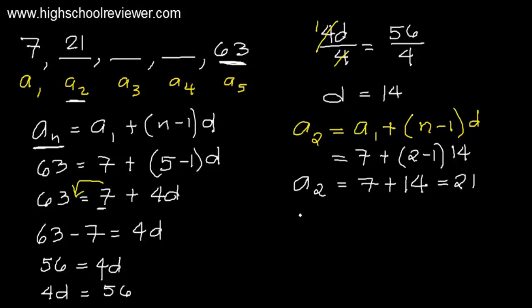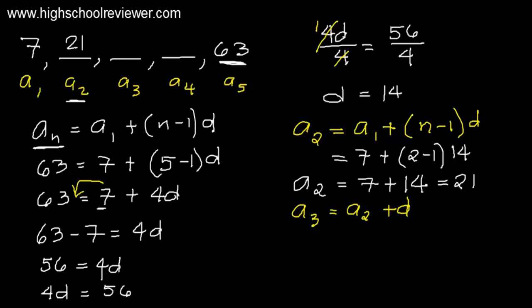Now, a sub 3 is very easy. We will just add a sub 2 and our value for d. Let's change this into color yellow. So again, a sub 3 will just be equal to a sub 2 plus d.